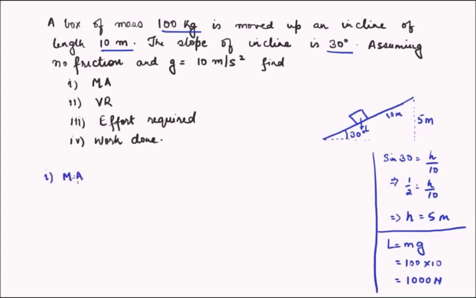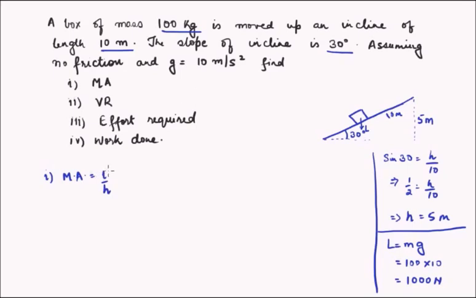First part asks us to find the mechanical advantage. We just saw in the theory that the mechanical advantage is L upon H. We can derive this if we don't remember, but this is quite a simple equation to remember. So hopefully you will remember this and directly use it.